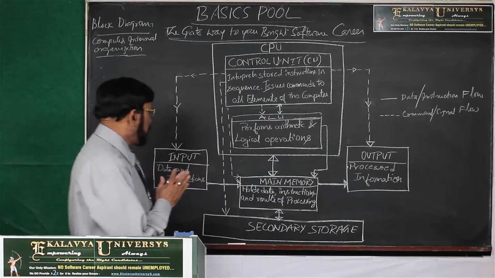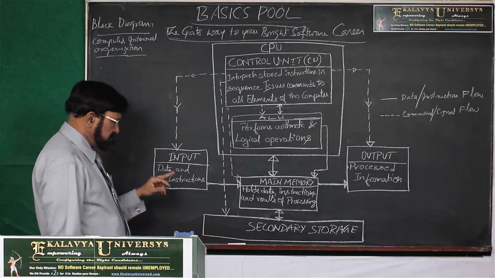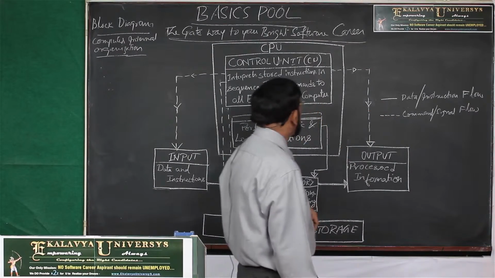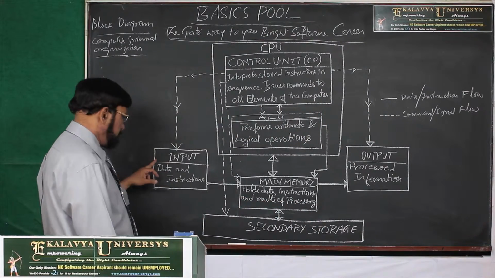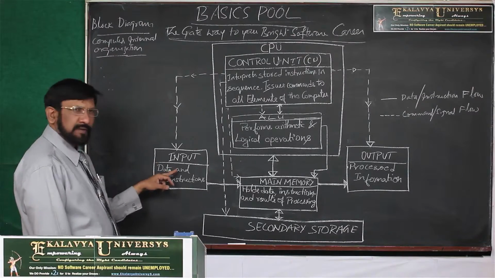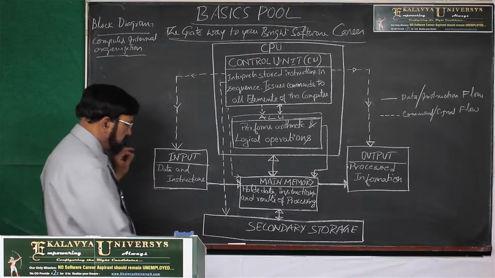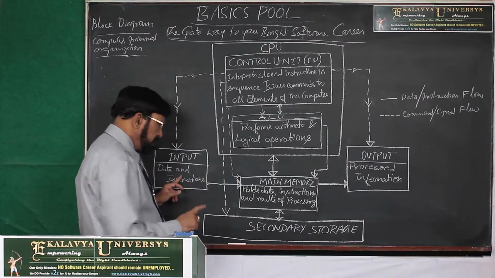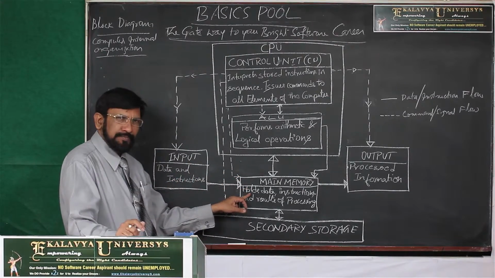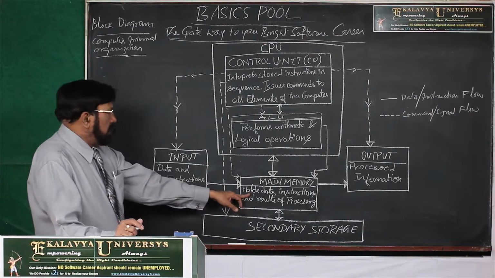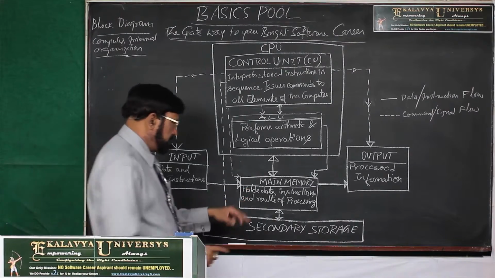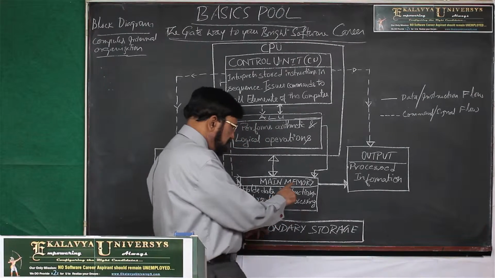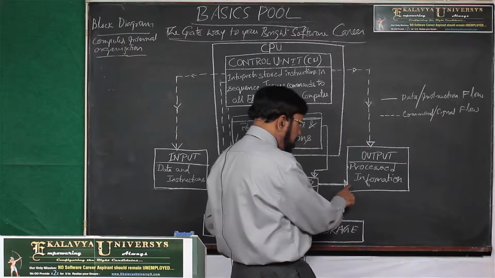Now as far as data is concerned, let us see the lines. Data and instruction lines are thick lines. Now you see the input unit sends data. You see the direction of the line, the arrow is this side. So input unit to main memory. Thereafter you see the processed result, main memory to output unit.